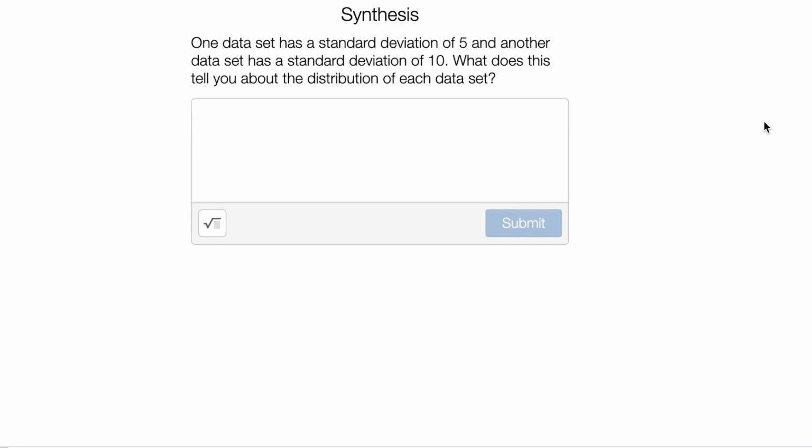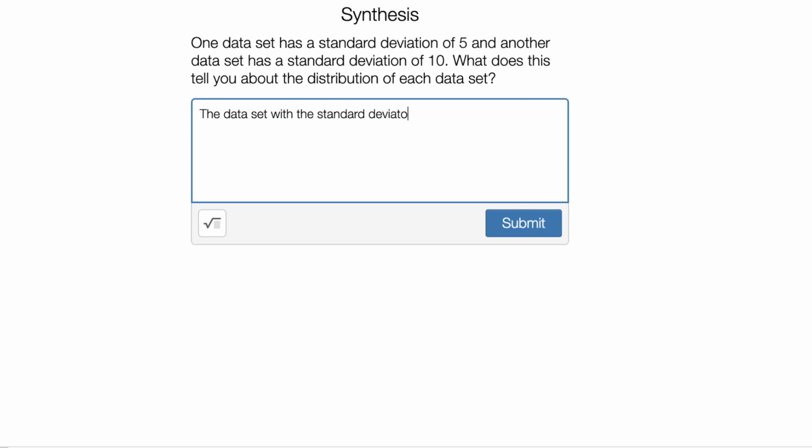So the data set with the standard deviation of 10 is going to have data that is more spread out than the data set with the standard deviation of 5.